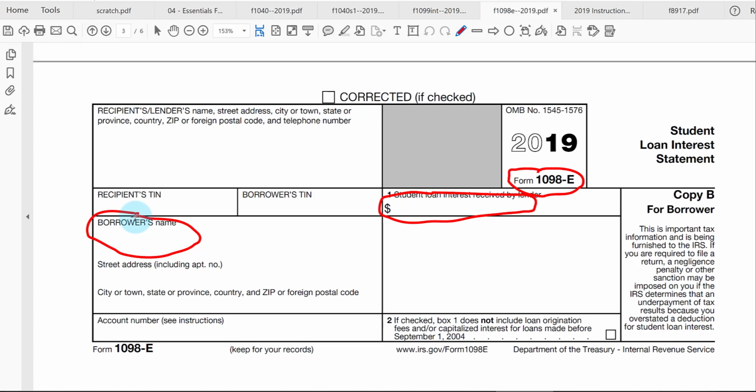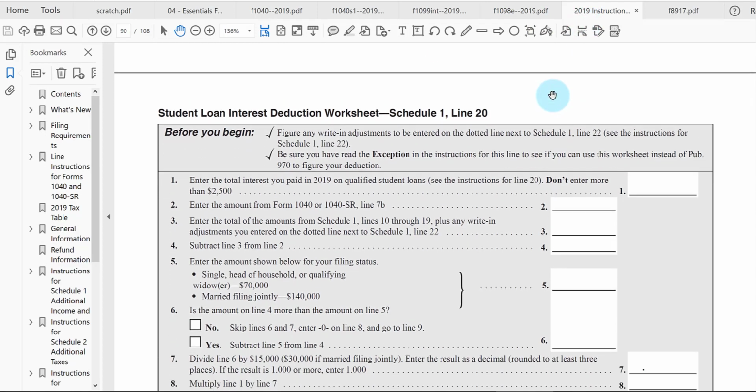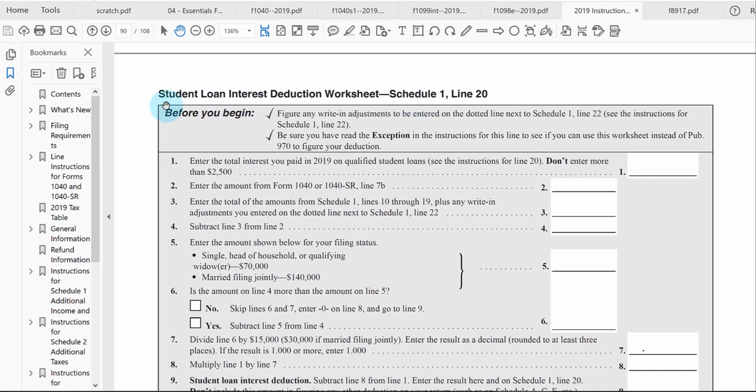But there are limits to the amount you can deduct. The limitation is not on any tax form, but it's on a worksheet in the instructions to the 1040 form here on page 90. This student loan interest deduction worksheet. So the maximum amount you can deduct of interest now, not the principal repayment, but interest on that form 1098-E is $2,500 for the year.